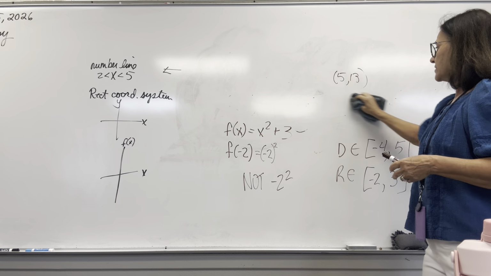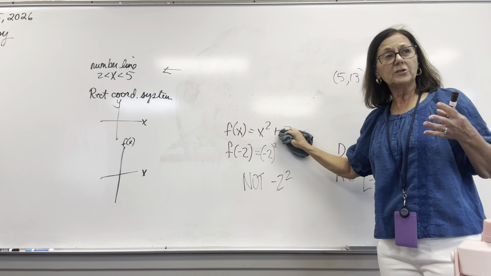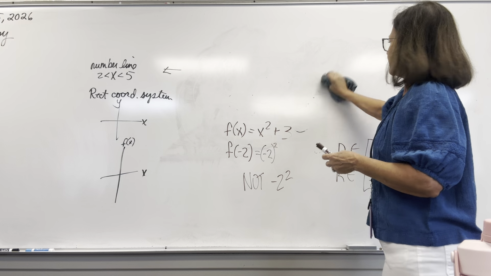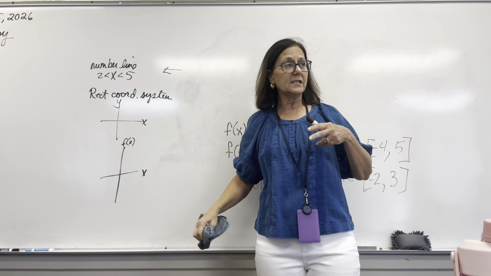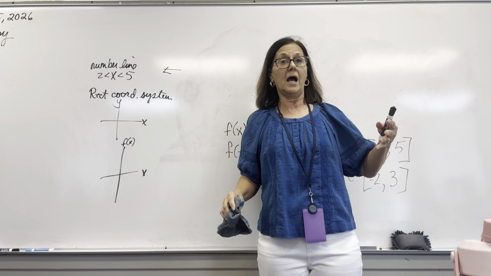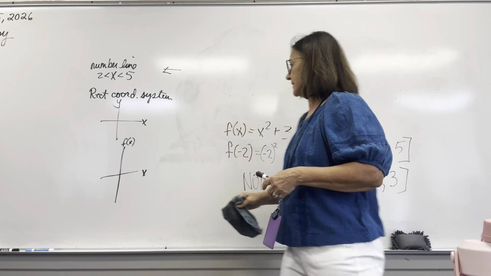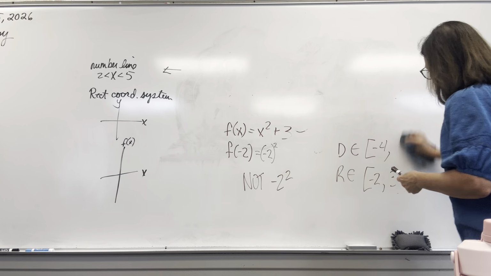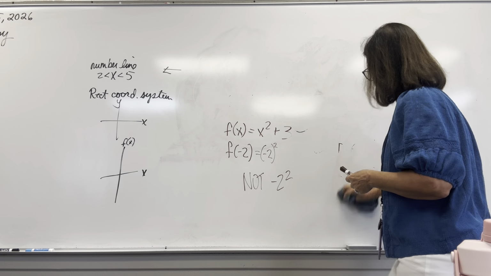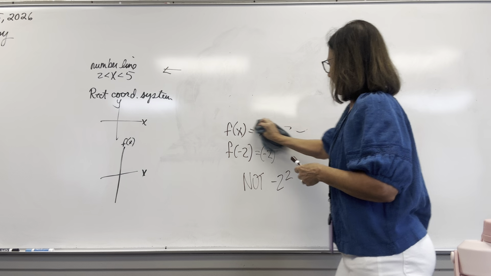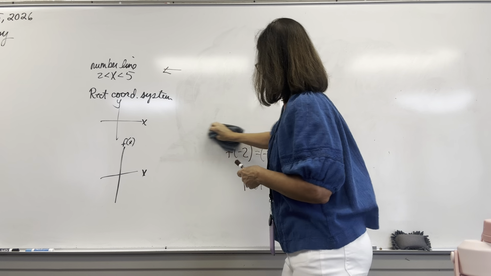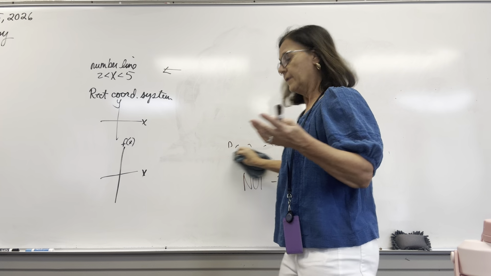But they will use H because they could be talking about height. And sometimes they don't use X and they'll use F of T because we're talking about time. So I see that a lot in the ACT, and we'll see it in our textbook. Particularly for physics questions, it'll use F of T for time. Y'all are in physics this year, right?